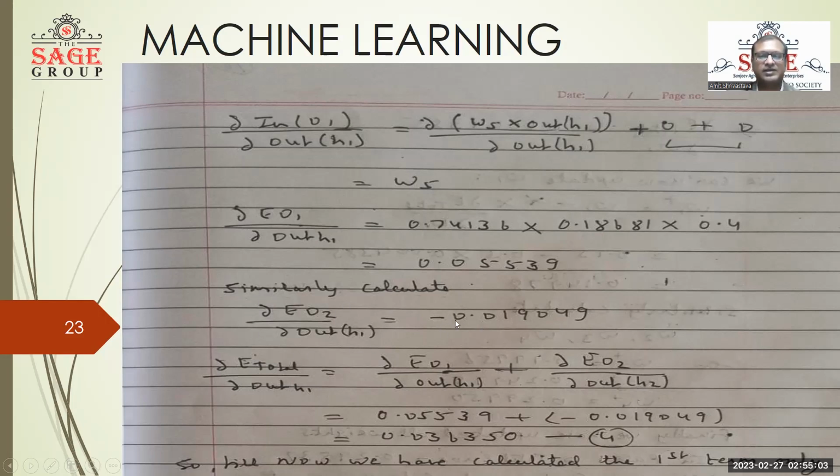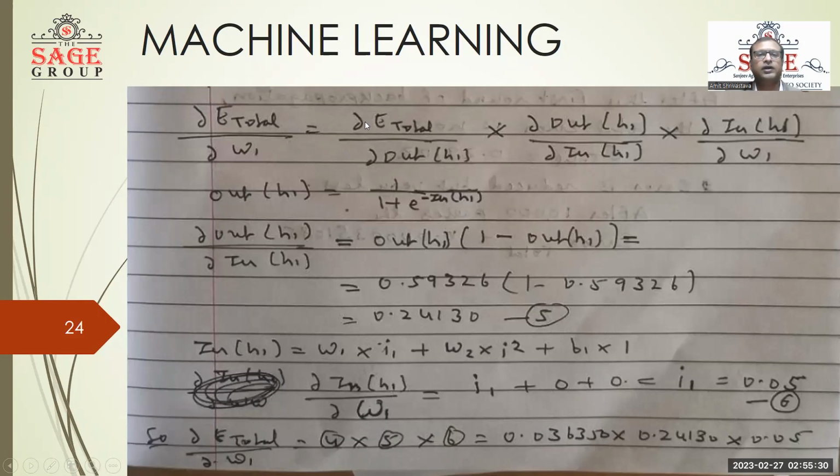It is coming to be minus 0.019049. So now ∂E_total/∂out_H1 is ∂E_O1/∂out_H1 plus ∂E_O2/∂out_H1. We will simply add these terms, and finally we will get 0.036350. So till now we have calculated the first term of this equation.